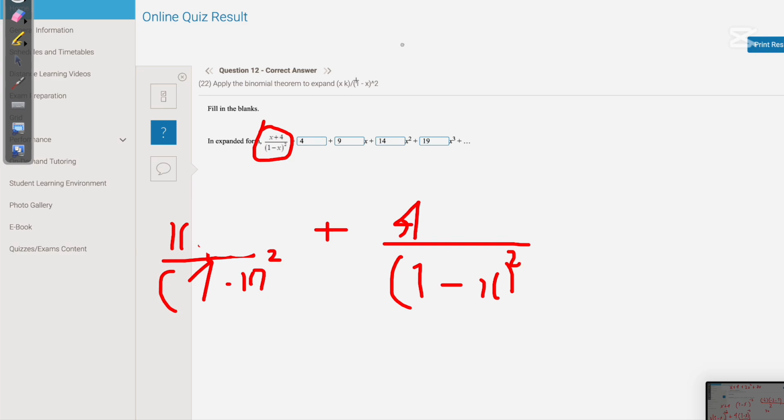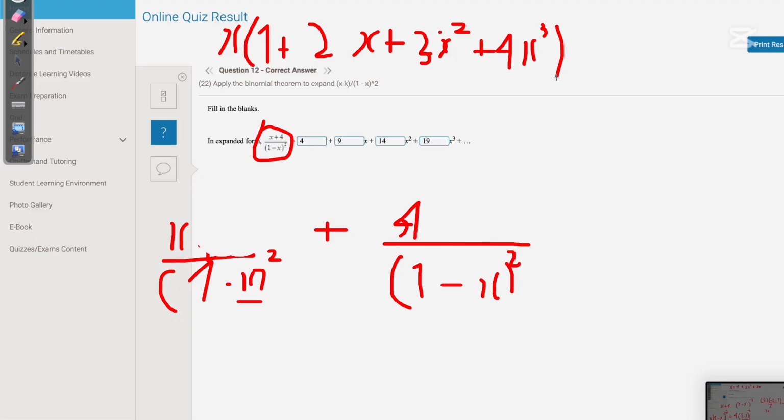Which is basically, since we have x here, it's just going to be x times (1 plus 2x plus 3x squared plus 4x cubed).